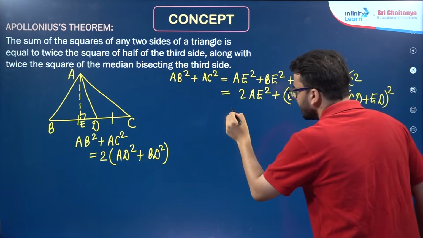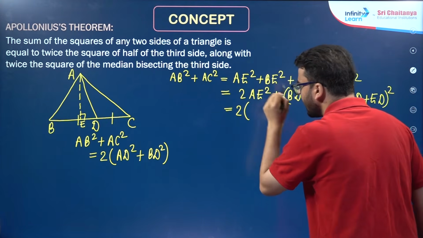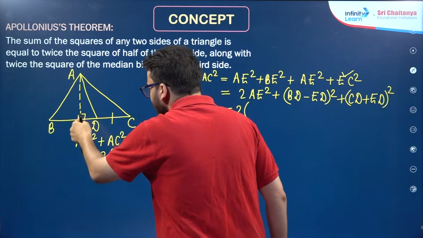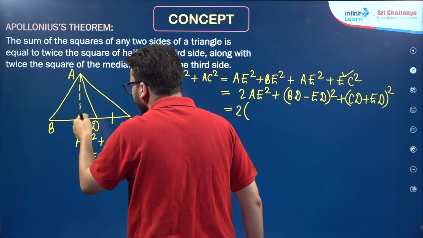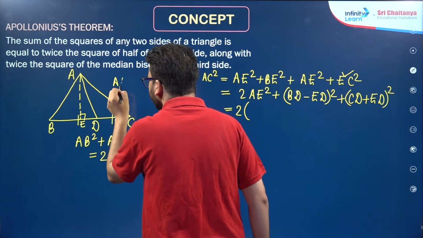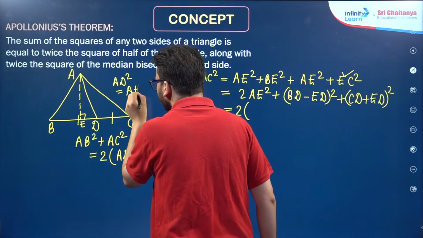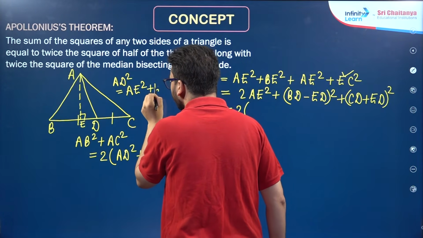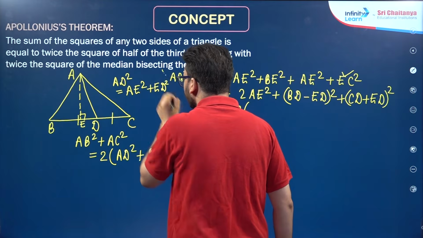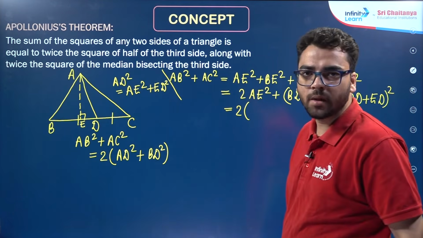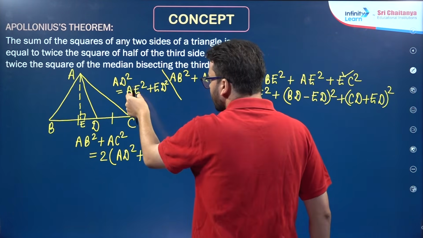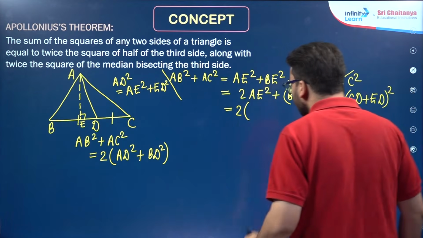Now you see over here, this is 2 times of AE square. Now if you see the right angled triangle AED, over here AD square is equal to AE square plus ED square. That is the Pythagoras theorem. Now in place of AE square, we can write AD square minus ED square.